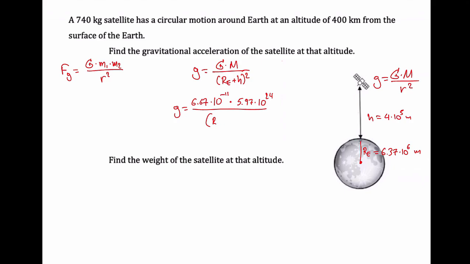The radius of Earth, we said, is 6.37 times 10 to the power of 6 plus 4 times 10 to the power of 5, and all of it to the power of 2. I will need a few minutes to actually calculate this. What I get is approximately 8.7 meters per second squared.